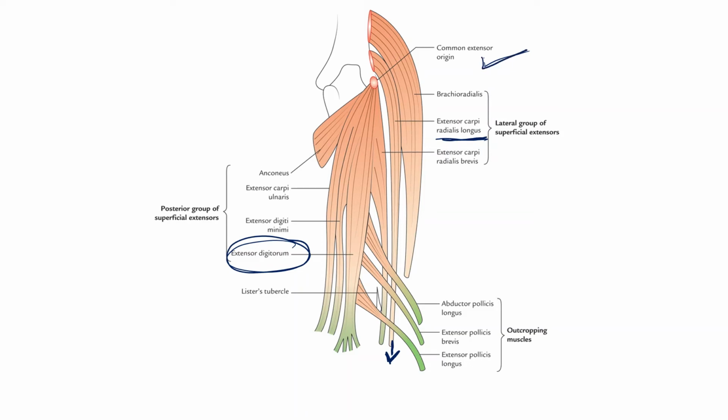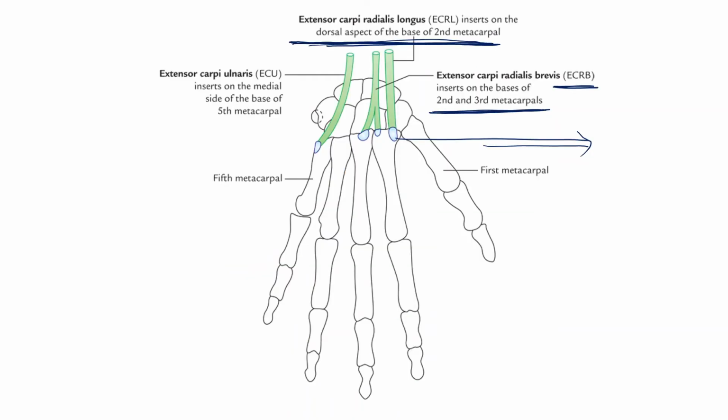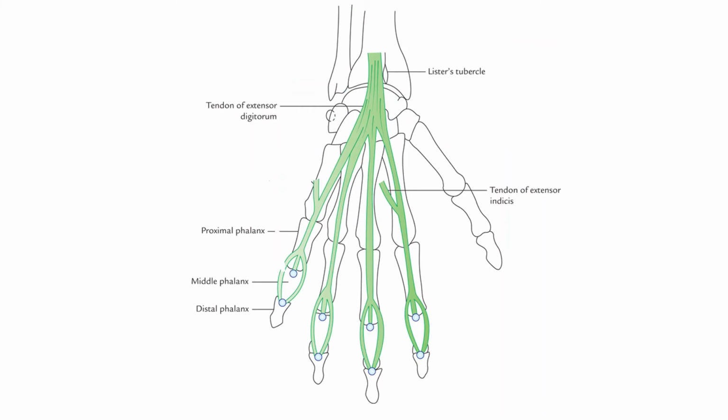Just above the wrist joint, we can see the tendon of the extensor digitorum dividing into four tendons for the medial four digits. They pass through the wrist joint deep to the extensor retinaculum to reach the metacarpophalangeal joints.